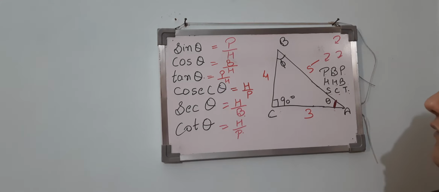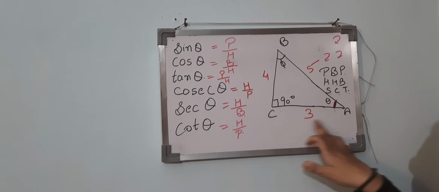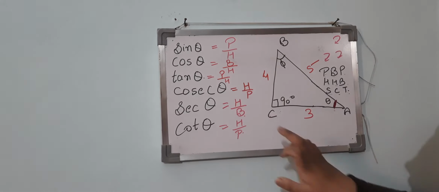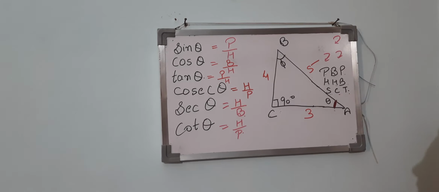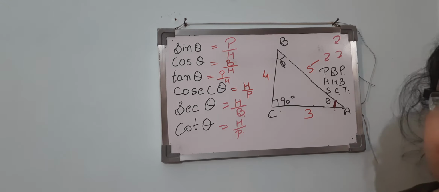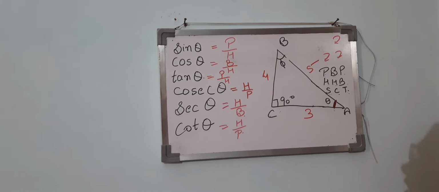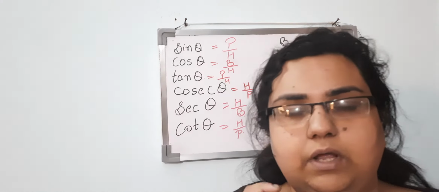Now you have to find all the trigonometric identities. So 3 is base, 4 is perpendicular. You can interchange base and perpendicular, but the longest side is always the hypotenuse, which is 5.